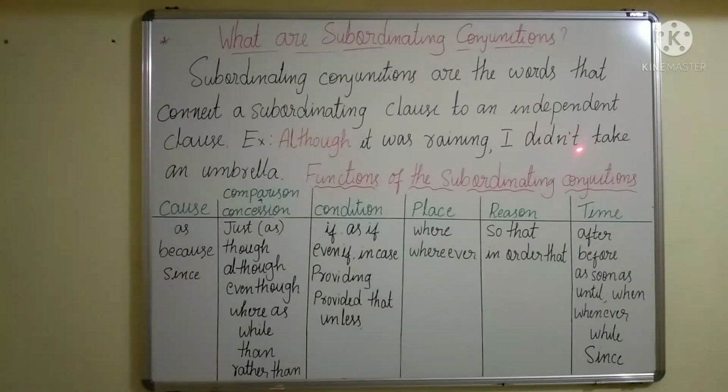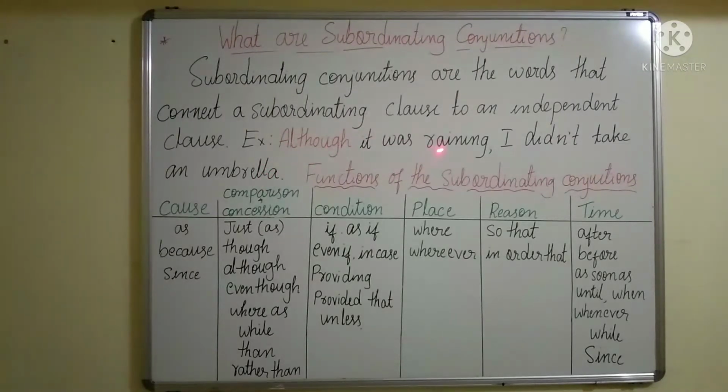Why is it called an independent clause? Here you can notice, without the subordinating clause, if you only read this clause, I didn't take an umbrella, this independent clause gives us complete sense.